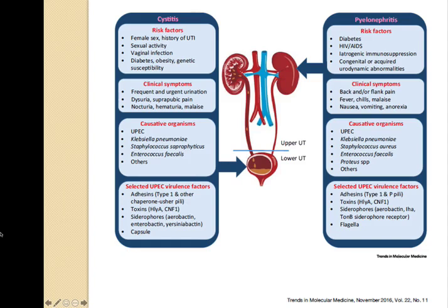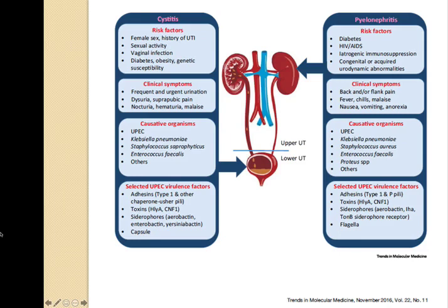And then what happens, those pathogens, they travel by the ascending way into your bladder, where they get settled and causing a lower urinary tract infection or cystitis, or in the cases of upper urinary tract infection or pyelonephritis, the bacteria continues to travel up.